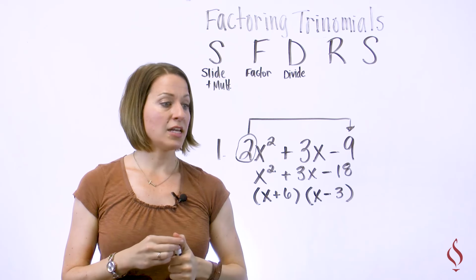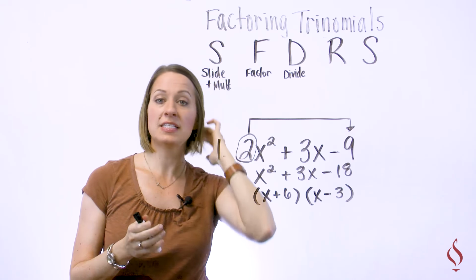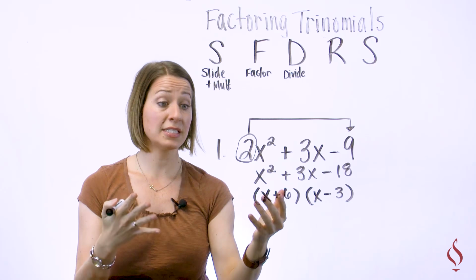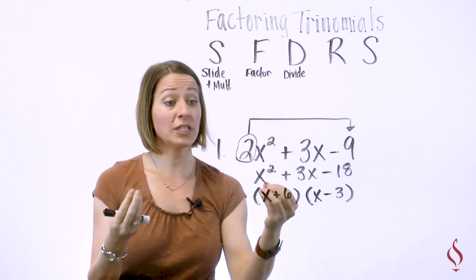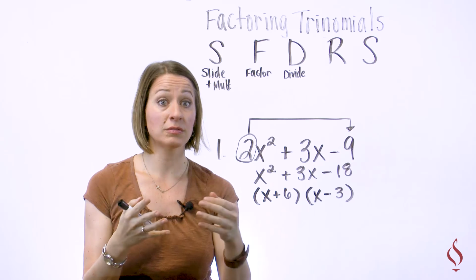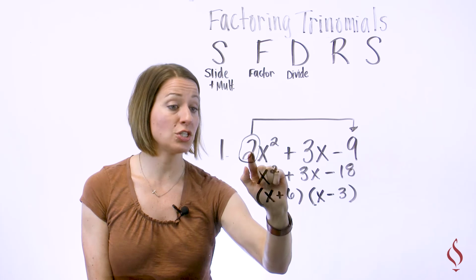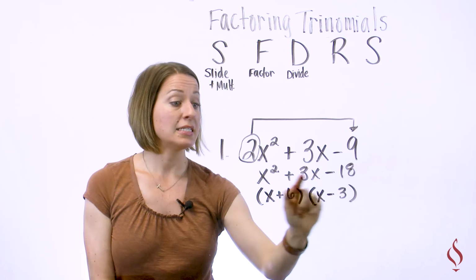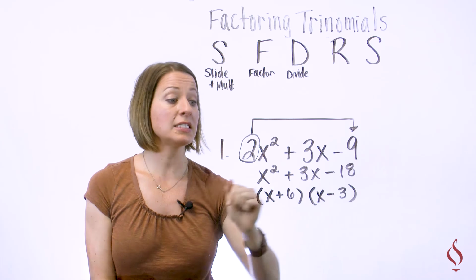This step right here, the divide step, undoes the trick. So we did something that really was just not legal in the algebra. We took the 2 here and we multiplied times the 9 to get this completely different trinomial.